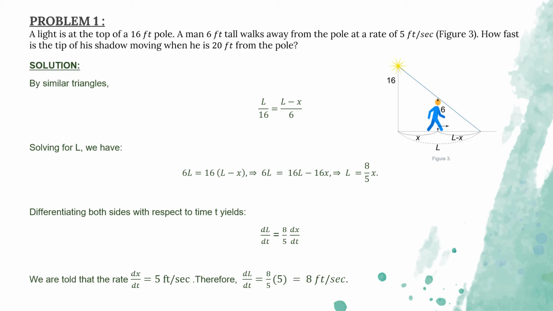And then, differentiate L into dL/dt. From the problem statement, we know that dx/dt is equal to 5 feet per second. Therefore, 8 over 5 multiplied by 5 gives us 8 feet per second. Thus, the tip of the shadow is moving at the rate of 8 feet per second.